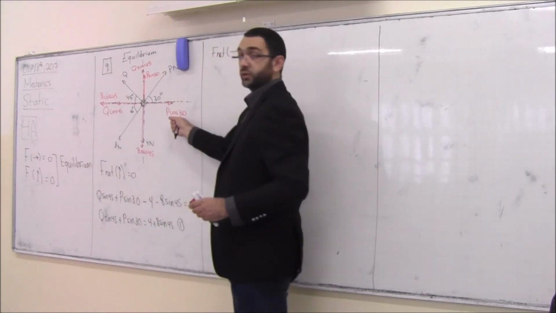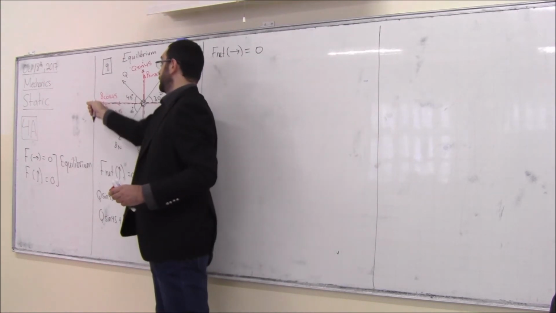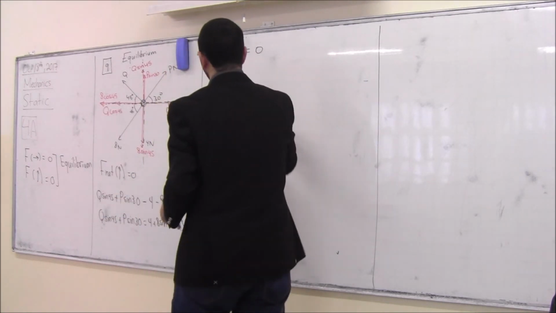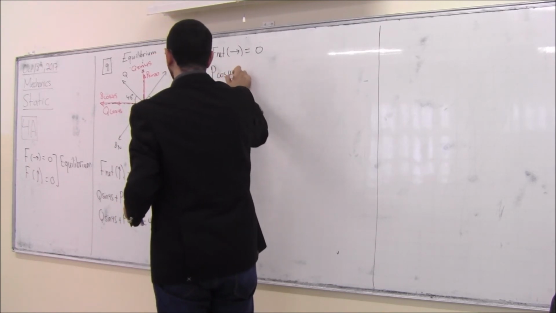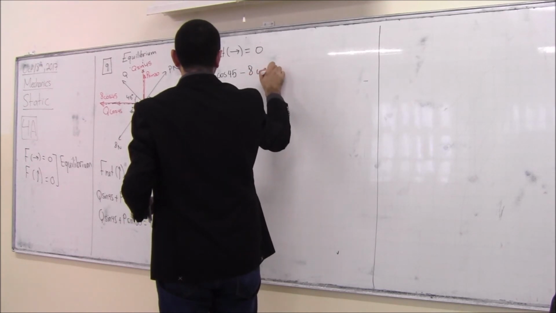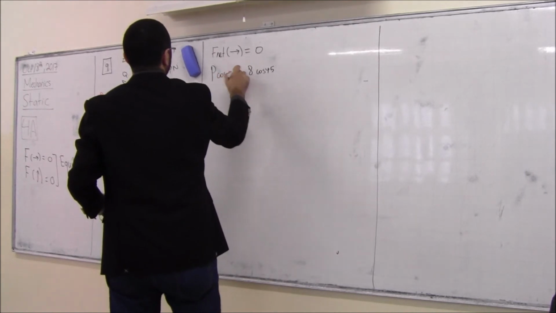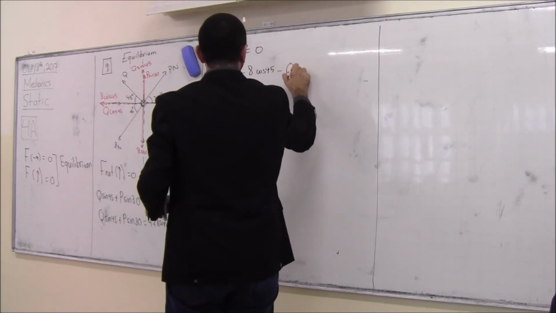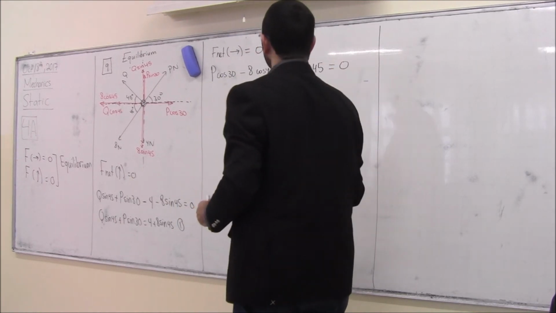P cosine 30 in this direction is positive. These two forces are in the negative direction. So P cosine 30 minus 8 cosine 45 minus Q cosine 45 equals 0.